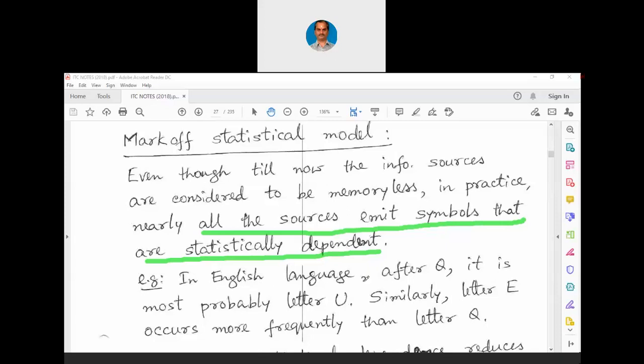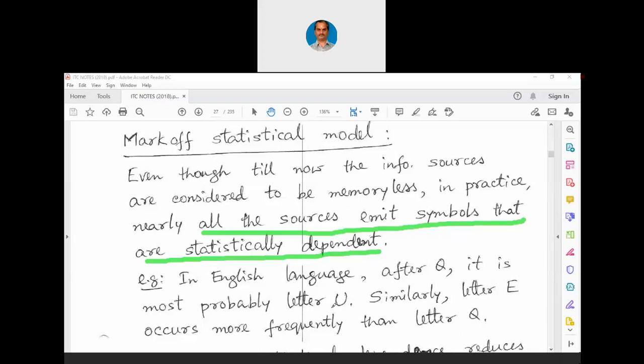In English language, English E, language E, after E, letter E, E, then letter again E, E, E, then one more E. Frequently there are 2 E's. Again in letter there are 2 E's. In the sentence itself, you can count the number of E's that are occurring. So the letter E occurs more frequently than letter Q.